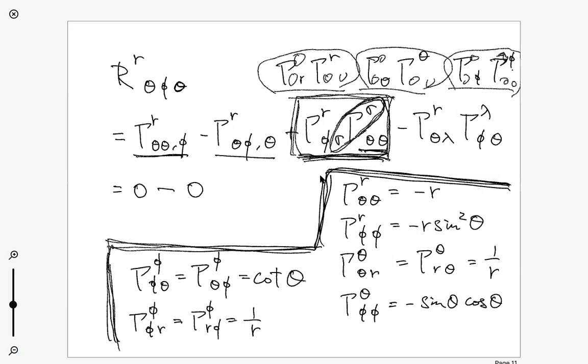Which means that sigma here can have three possibilities. So among the three possibilities, r, theta, and phi, which of them are non-zero, considering the non-zero terms given here? Do you understand what I mean?